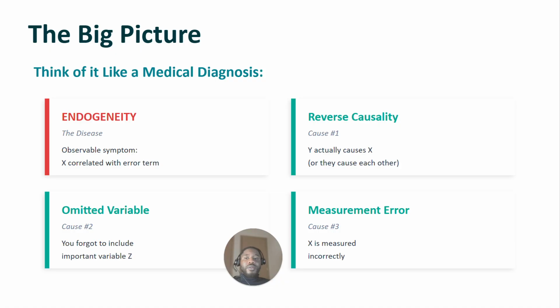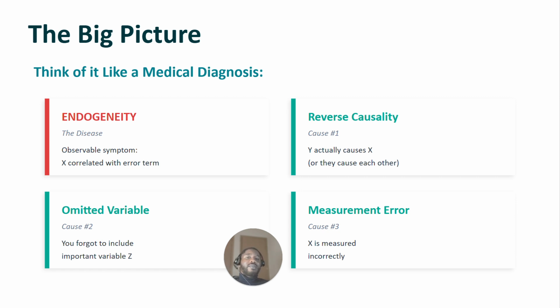So here's the big picture. I like to think of endogeneity using a medical analogy because it really helps clarify what is going on. Let's say endogeneity is fever.